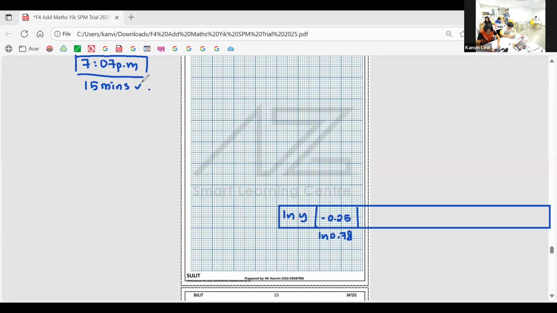You need a ruler to get that, bro. Oh, there is, bro. Shit, I don't have a ruler with me. Um, you need?